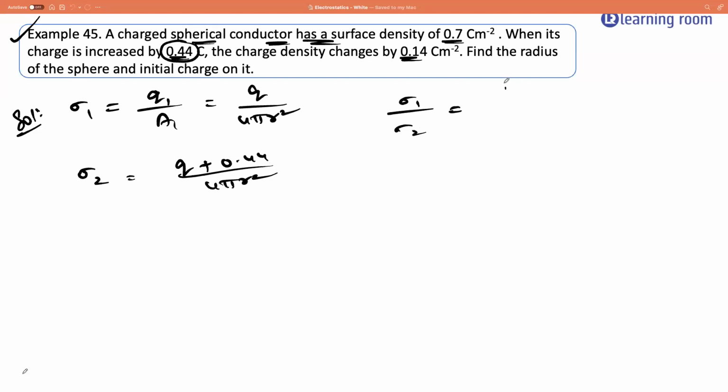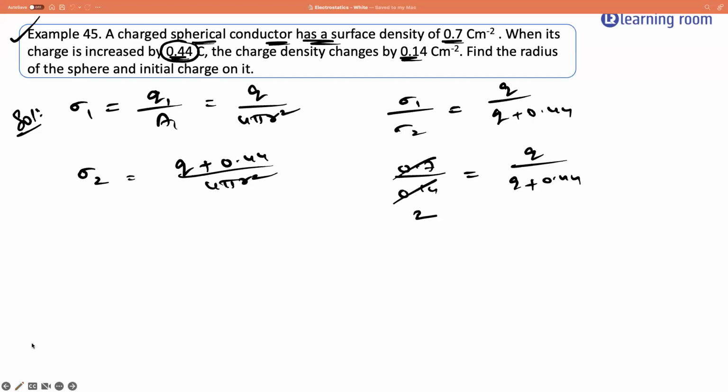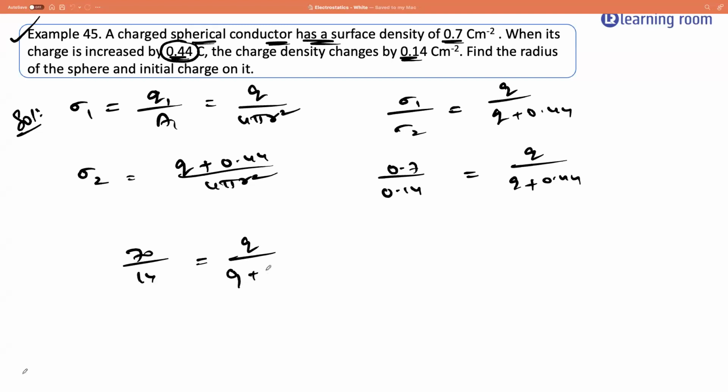Sigma 1 by sigma 2 is equal to Q divided by Q plus 0.44. So sigma 1 is 0.7, sigma 2 is 0.14. It is going to get cancelled. I'm sorry, it's my mistake. This will cancel. So 0.7 by 0.14, I can write it as 70 divided by 14, is equal to Q divided by Q plus 0.44.